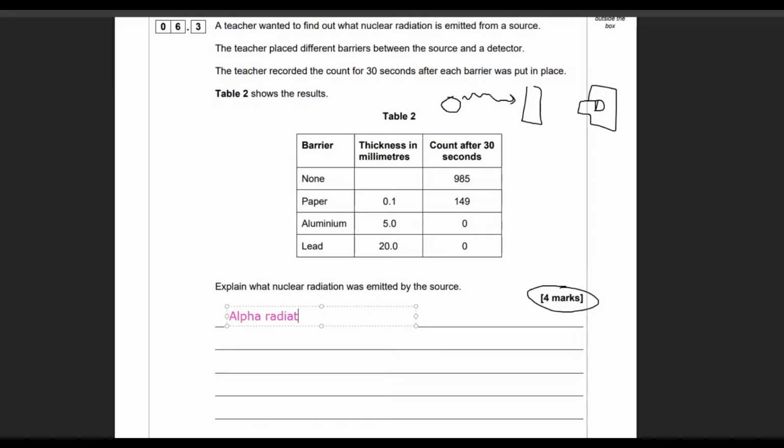Alpha radiation is blocked by paper, as the count falls when there is a paper barrier. Some of the source must be alpha, right?